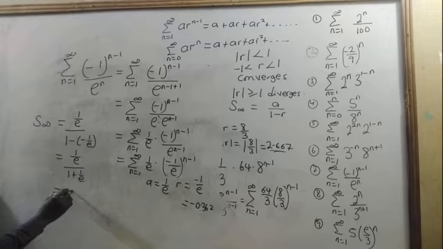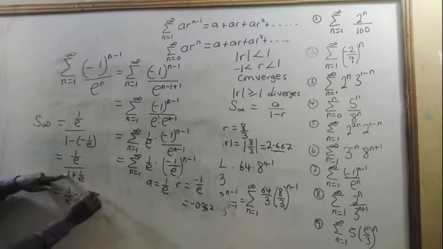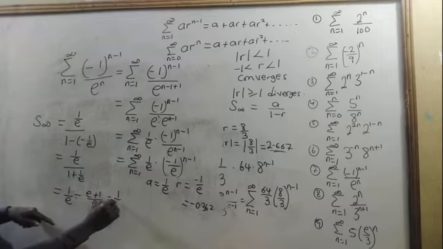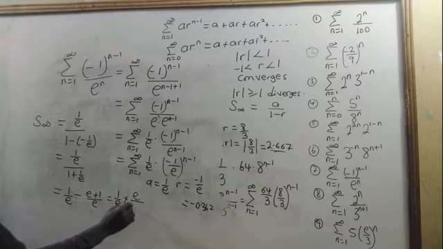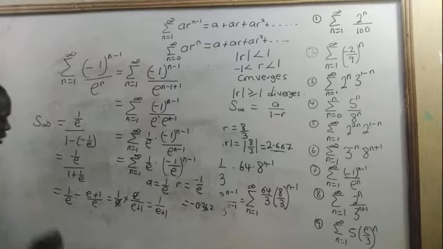And this will give us 1 on e divided by e times 1 is e plus 1 divided by e. And this will give us 1 on e times e divided by e plus 1. This will cancel this. We have 1 divided by e plus 1 as the sum to infinity of the series.